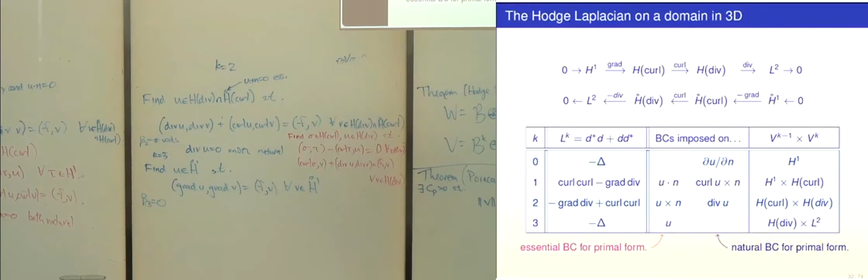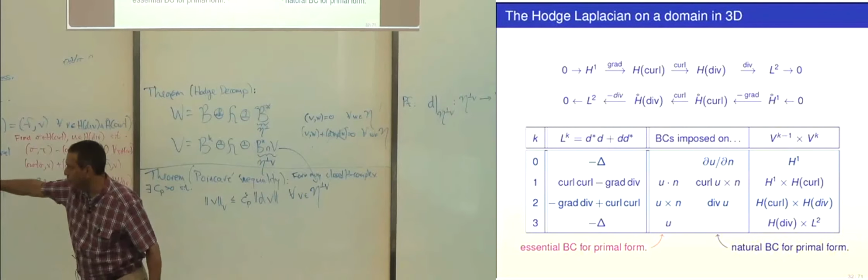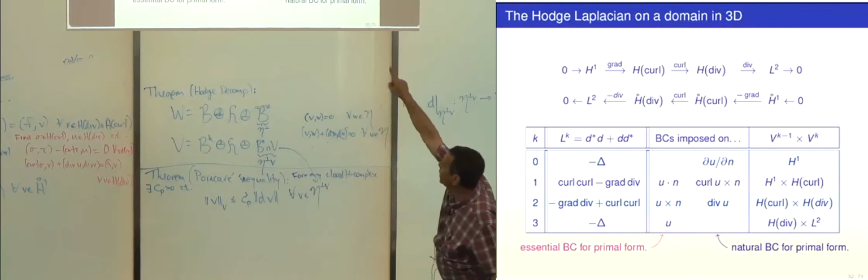Okay, now let's go back to the two n cases where things always simplify a little bit. What's the mixed formulation for three forms? Well, we're using two spaces, L2 and H div.